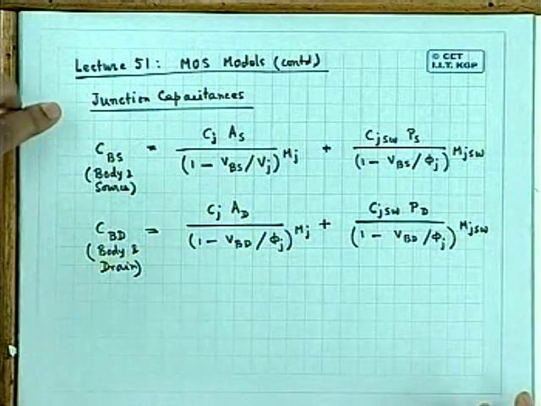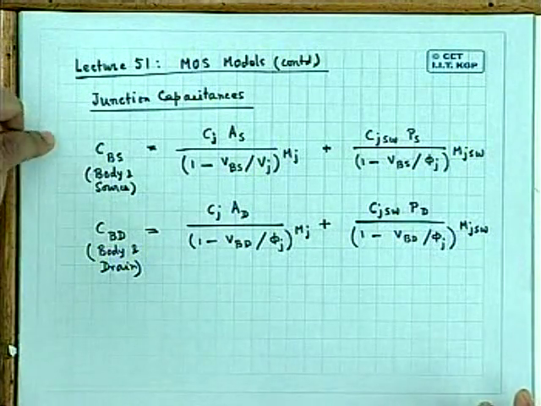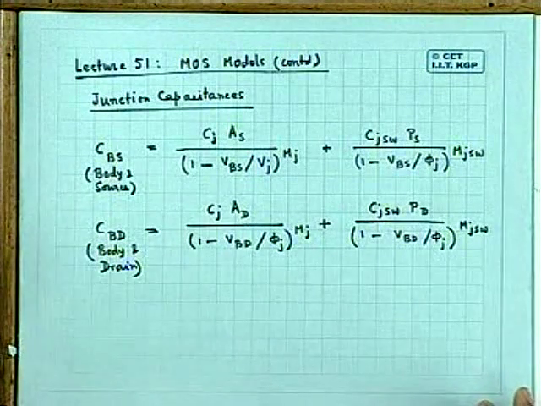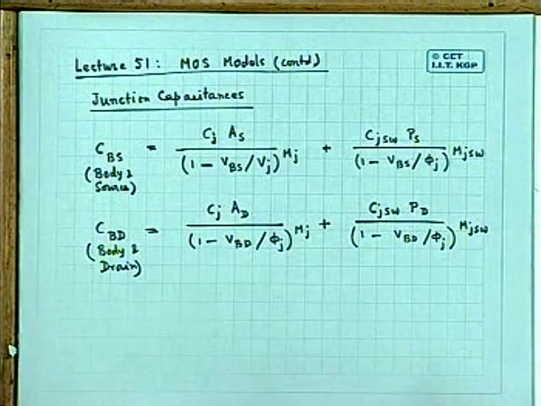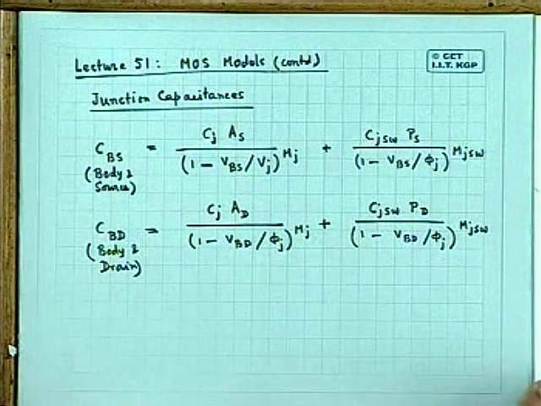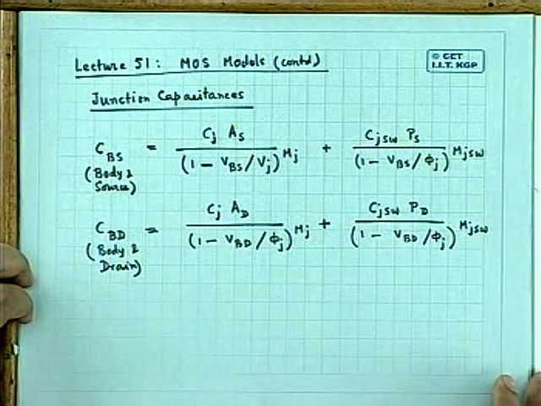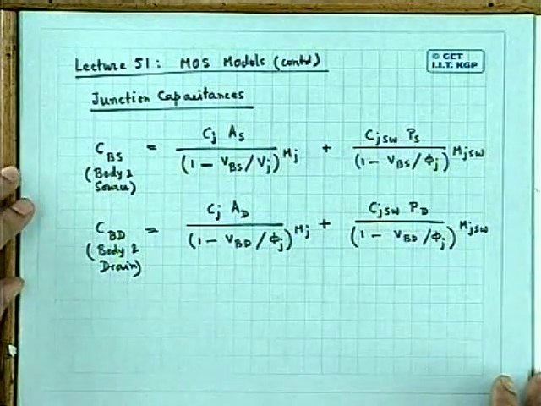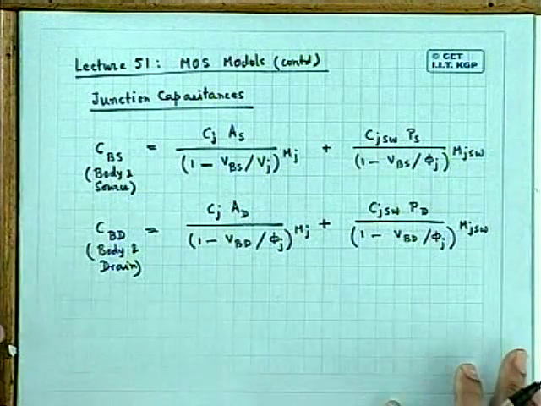So these are the junction capacitances between the source and substrate, or source and body, and the drain and body, which are additional things which were not considered in the last lecture. And it is a very common model for simulating them. It's used almost universally, a simple way of simulating such junction capacitances.